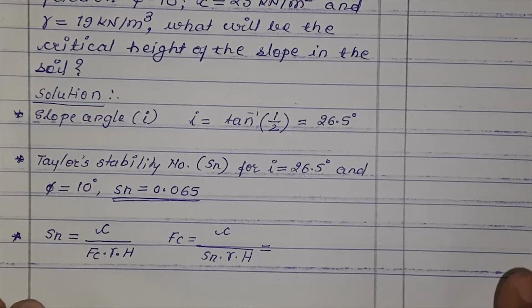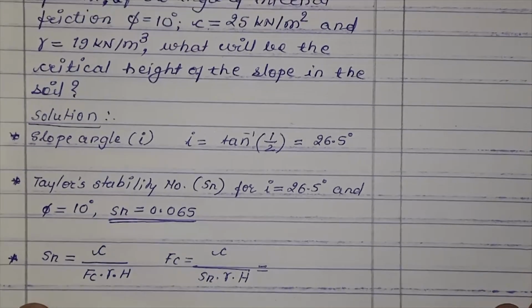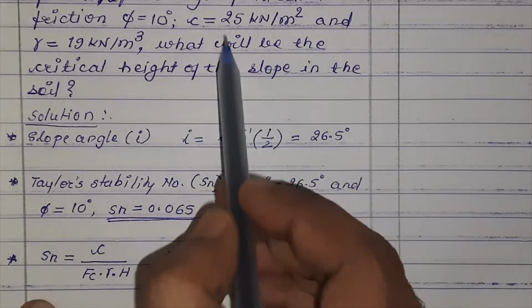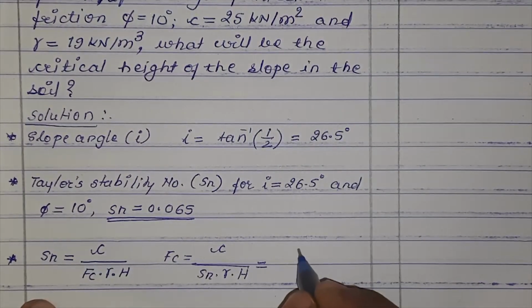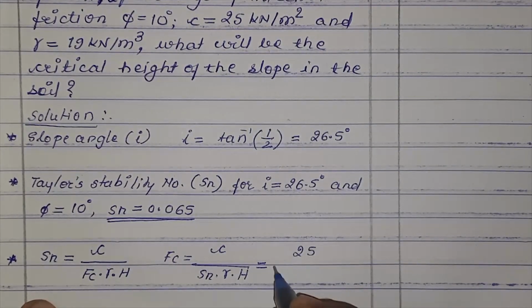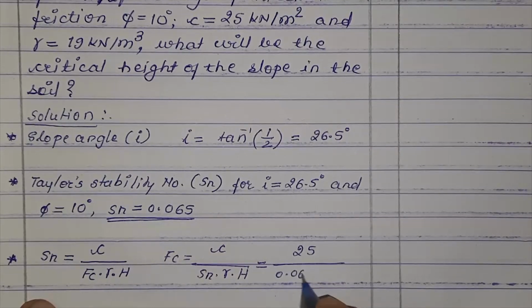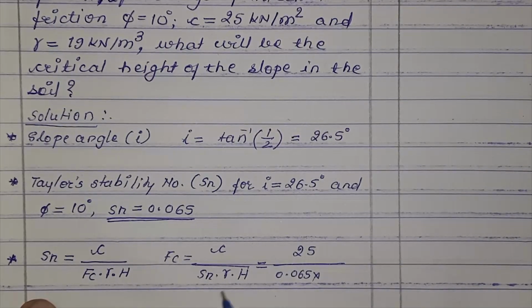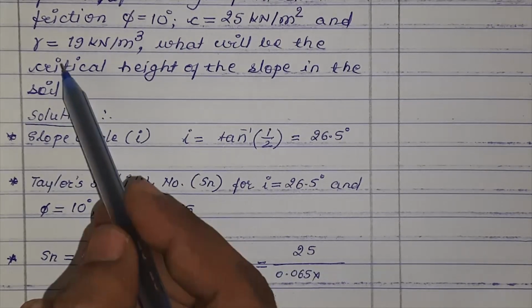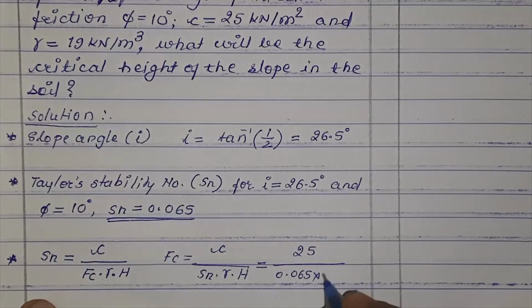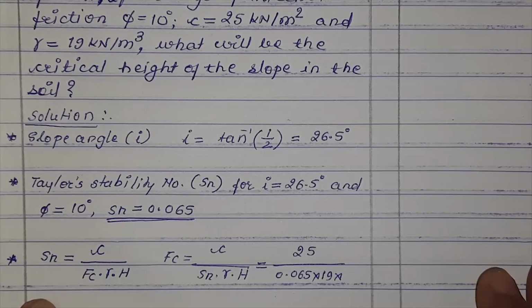Here value of C is 25 kilonewton per meter square. So 25 divided by Sn, Taylor stability number, it is 0.065 multiplied by unit weight, which is mentioned 19 kilonewton per meter cube. So 19 multiplied by height of the slope.